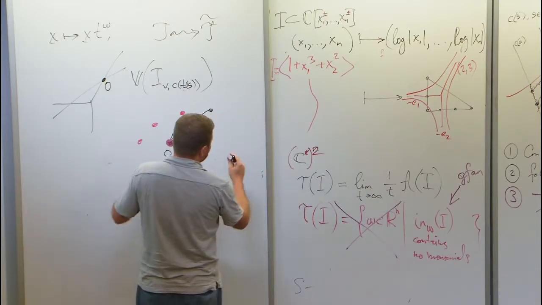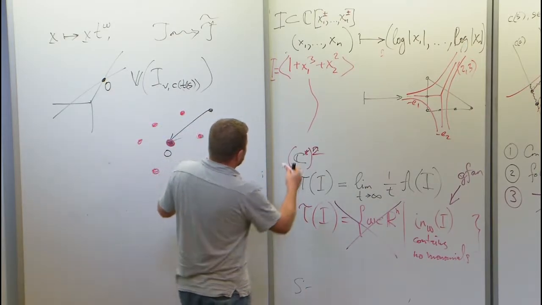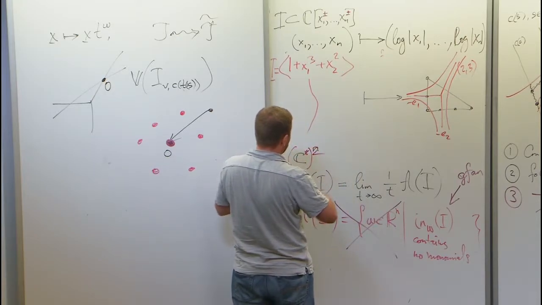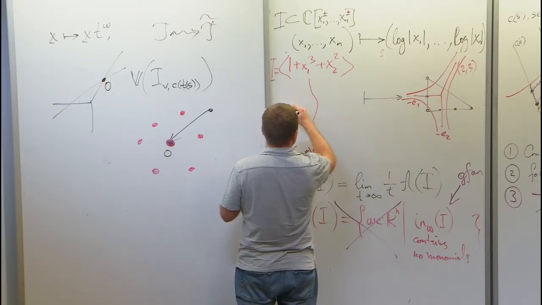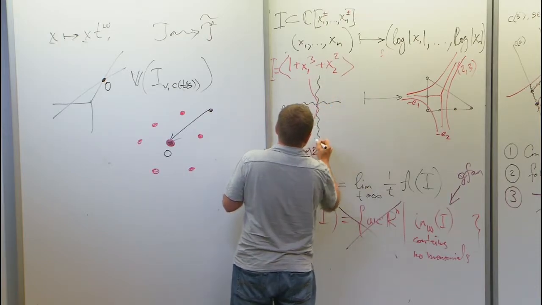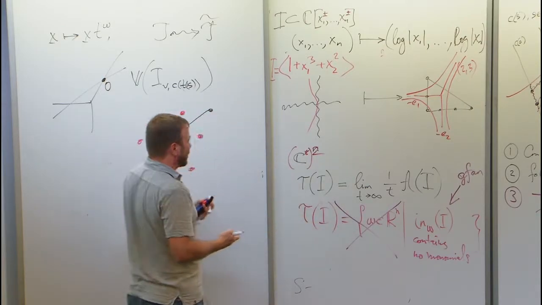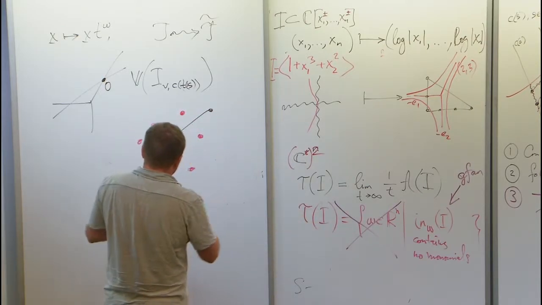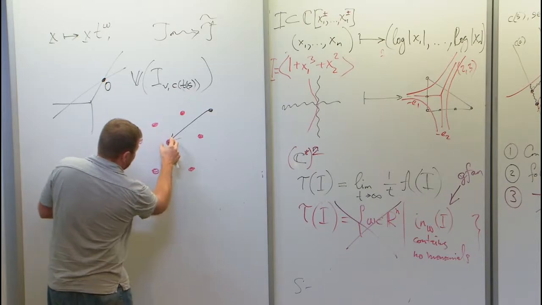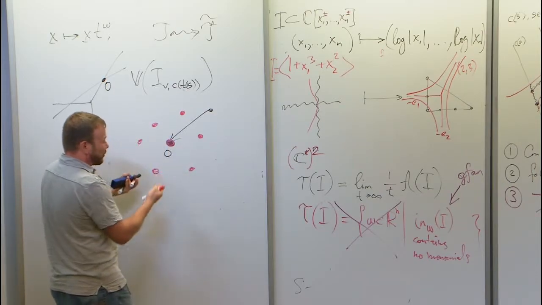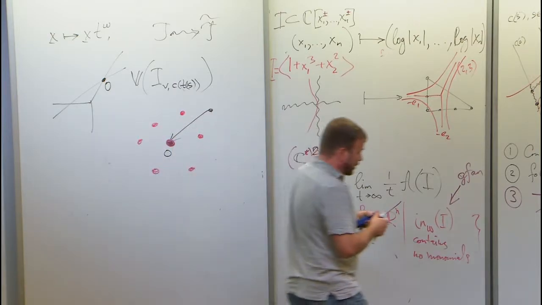And the thing is that perhaps your variety is going to have other components than this curve you are interested in at the coordinate axis. And this junk has to be somehow ignored. So here at t equals 0, you're going to get a very singular point towards which you are driving your homotopy.